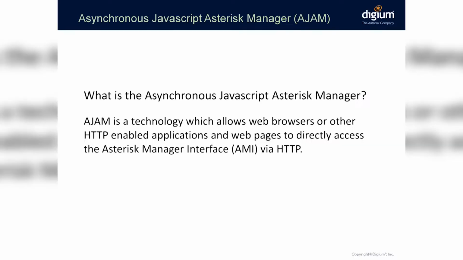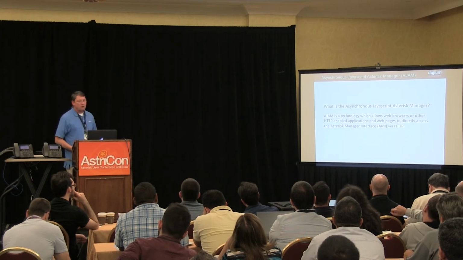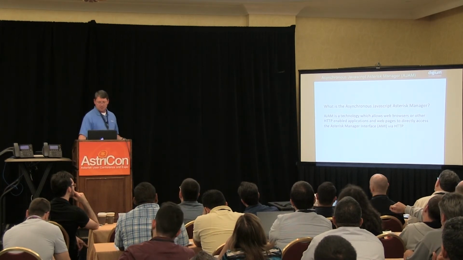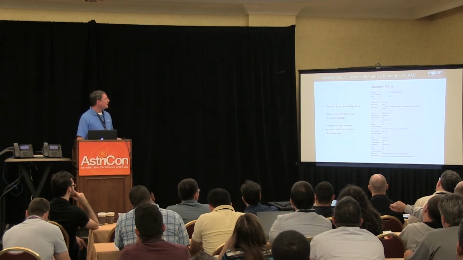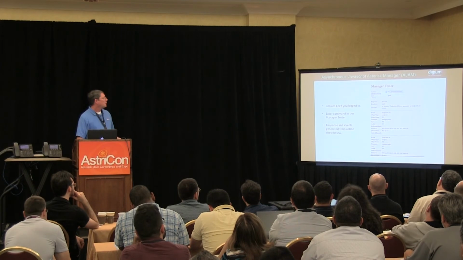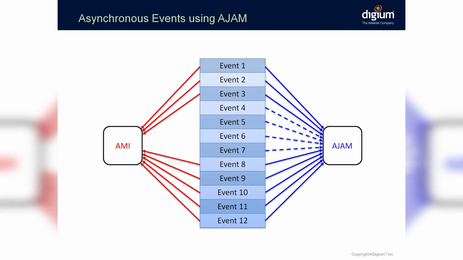AJAM is the Asterisk JavaScript, Asynchronous JavaScript Asterisk Manager. Essentially it's the manager over kind of a WebSocket. And it's kind of handy in that it stores a session when you log in. So say you have AMI and then the AJAM interface here, and they're both receiving events.